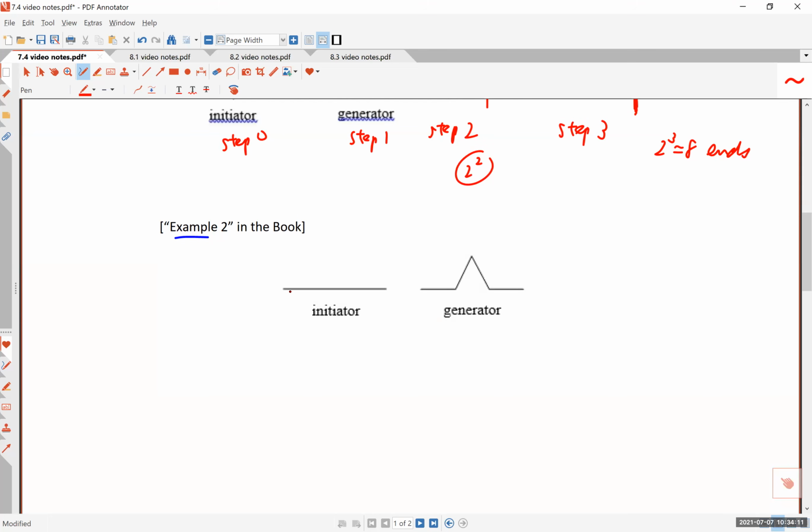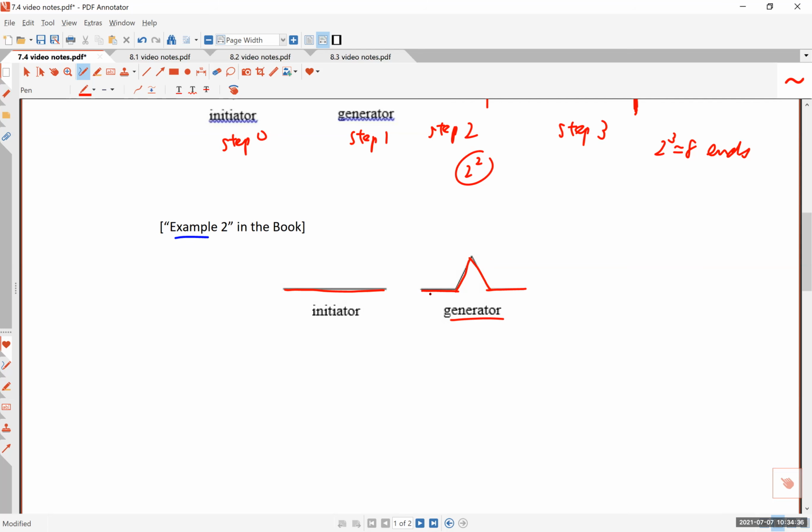If the initiator is a straight line segment and the generator looks like this, in normal language, how would you describe this? A hint, sometimes it's called the speed bump fractal, because you have this flat road, and the generator constructs a little speed bump in the middle of it.